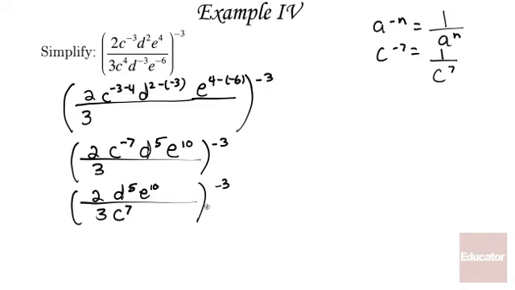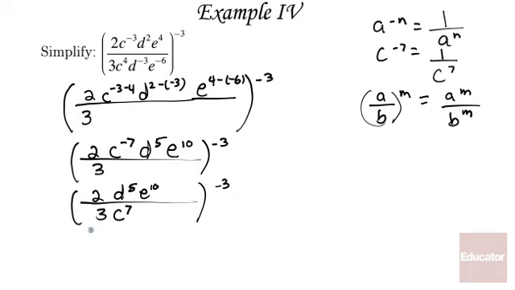Now I'm ready to work with this negative 3. My rule about a quotient raised to a power tells me that I have a to the m over b to the m. So I'm going to apply this negative 3 to both the numerator and the denominator.